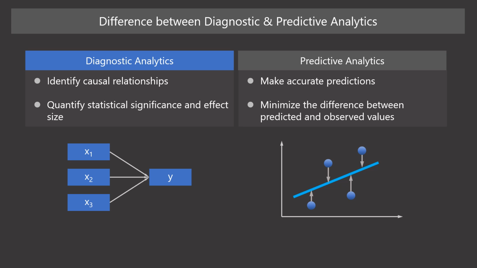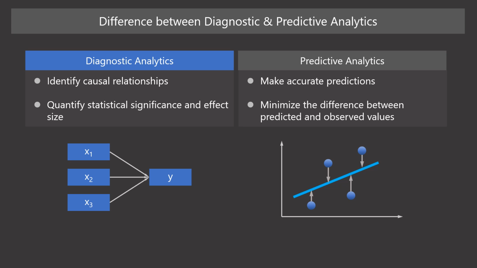In diagnostic analytics, we use a multiple regression model to identify the major causes of the dependent variable. That is, we want to identify which independent variables have a large impact with statistical significance. Here, our focus is the statistical significance and effect size.